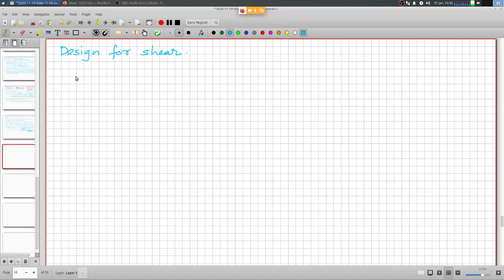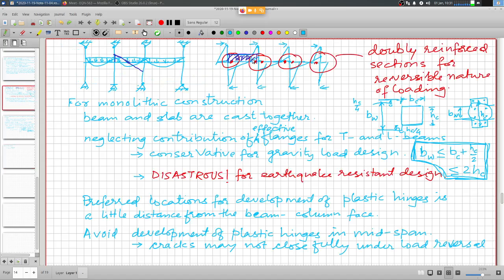So the shear force is the shear due to dead load and live load, and there would be the moment at end A plus moment at end B divided by the clear span.